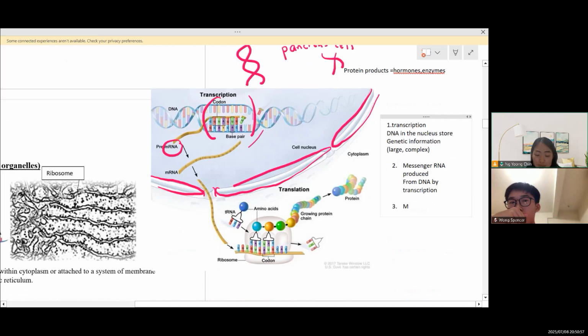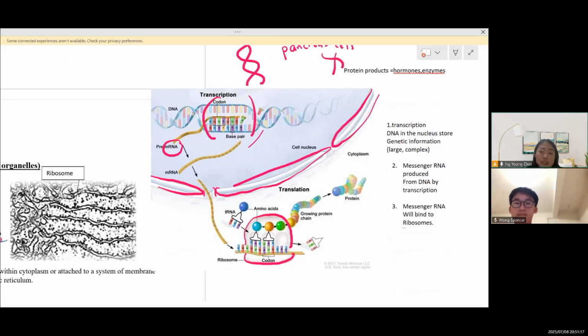The messenger RNA will bind to the ribosome. Ribosome is here, see, this is the ribosome. Spencer, do you like to eat hamburger? You like McDonald's hamburger?